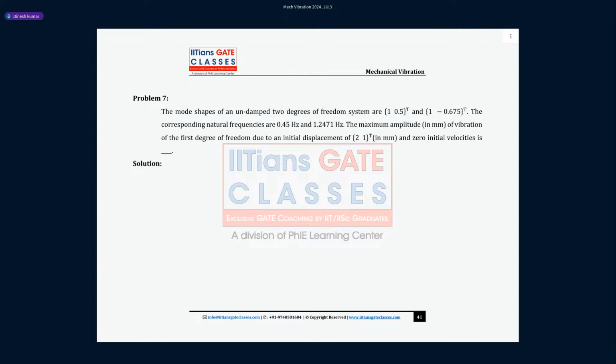So what it says, guys, read the question. The mode shapes of an undamped 2 degree of freedom systems are given as [1, 0.5] transpose and [1, -0.75] transpose.